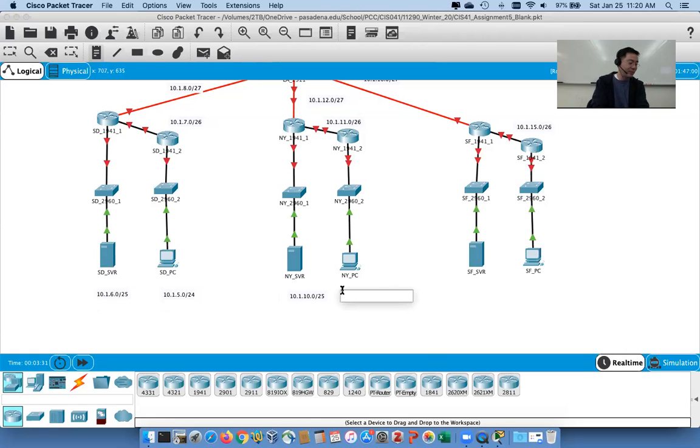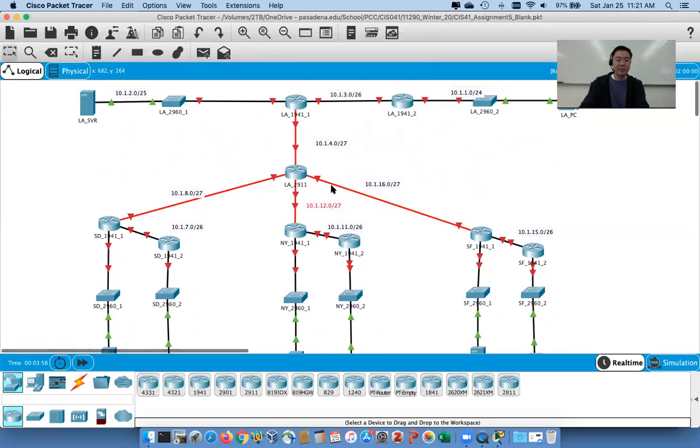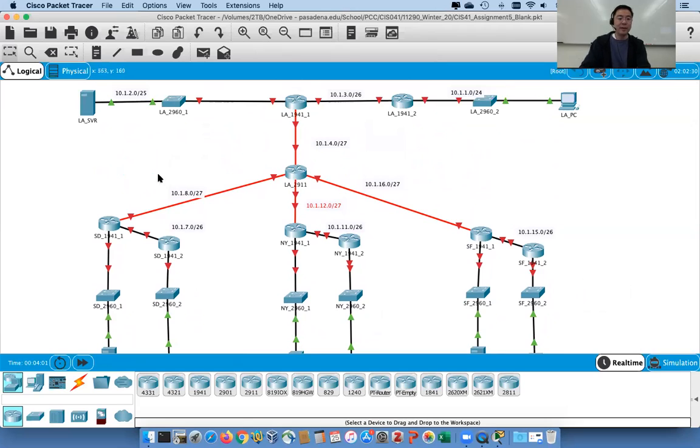Right, and this one is 10.1.9. And this one is 14. And this one is 13. Okay, so what you'll want to do then is figure out all of your labeling.